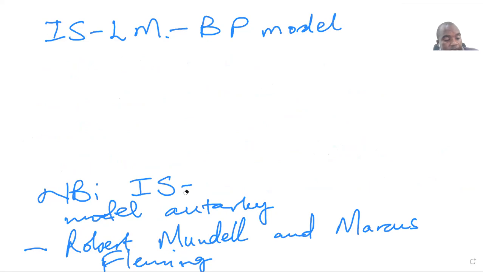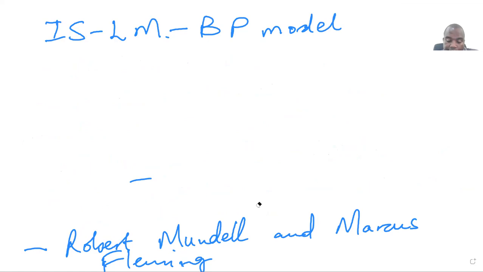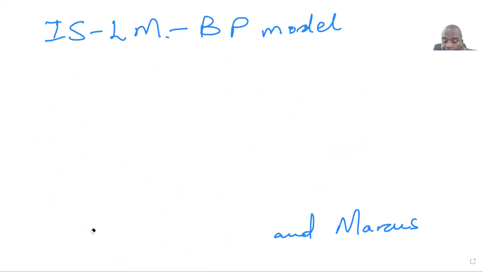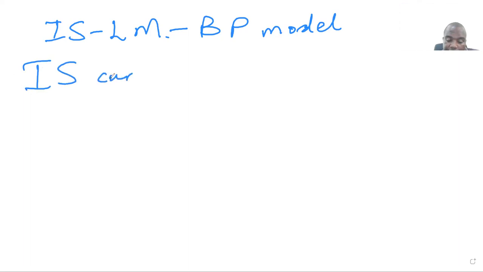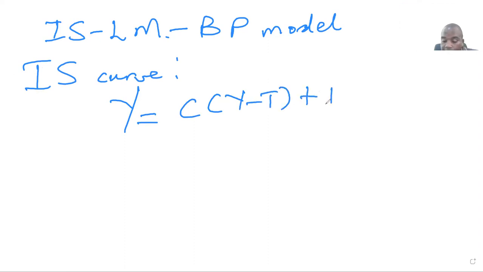So, what is the import of this model? As covered in the previous lecture, the model is based on the IS curve, which basically is Y = C(Y - T) + I + G for a closed economy, where capital letter C is consumption expenditure, consumer spending.